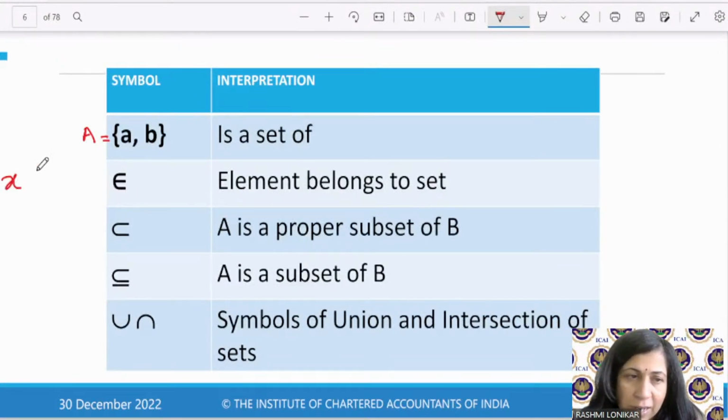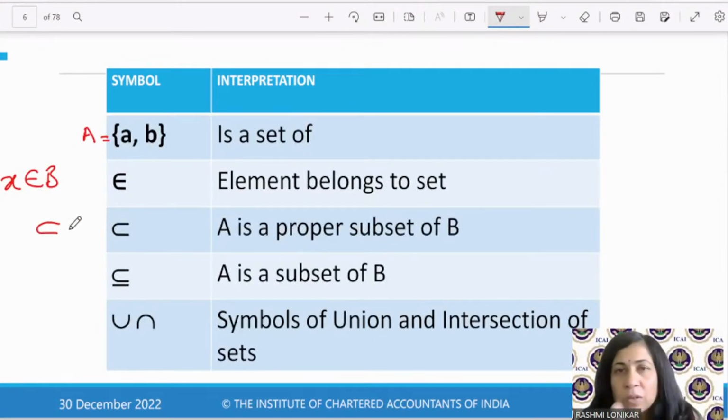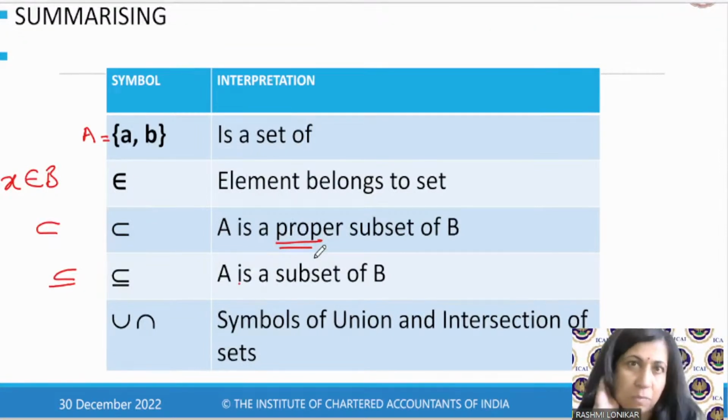So when I write like this, it means x belongs to B. Now, this sign, like an inverted U, not completely 90-degree inverted, means A is a proper subset of B. The word is proper; we are going to talk about what is proper and what is improper. And when I have this with a line under it, it means A is a subset of B, so A may be an improper or proper subset of B.